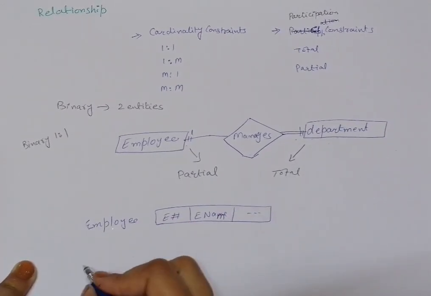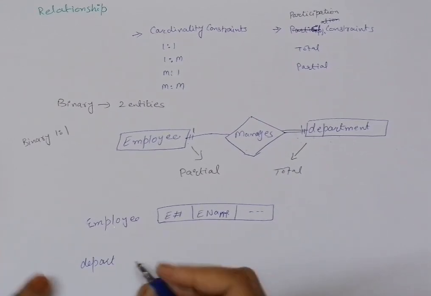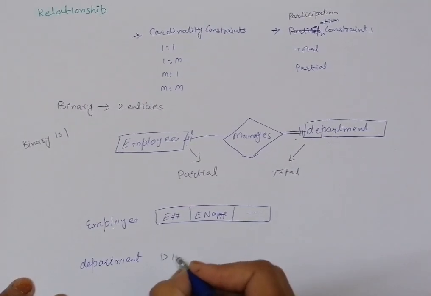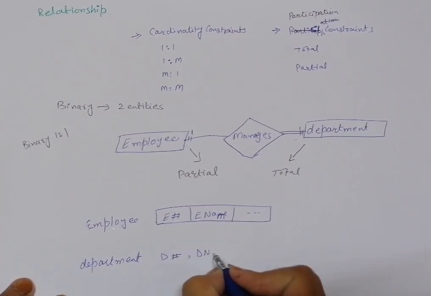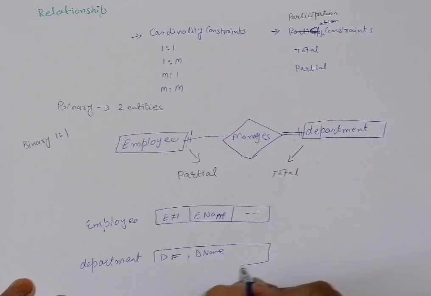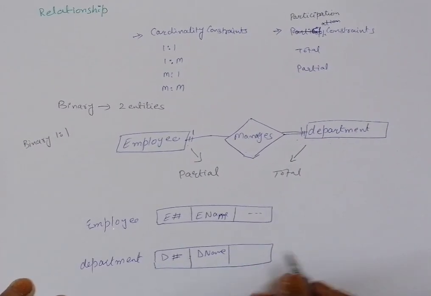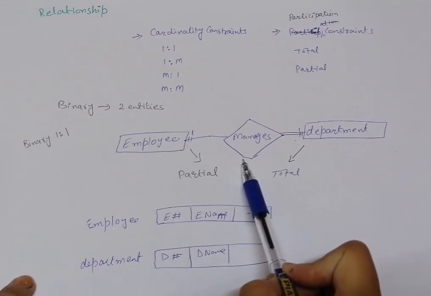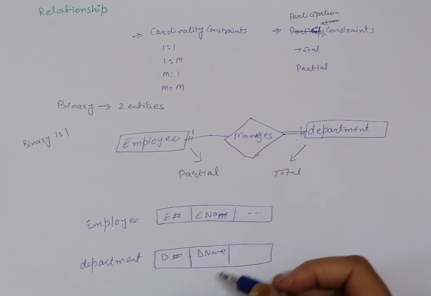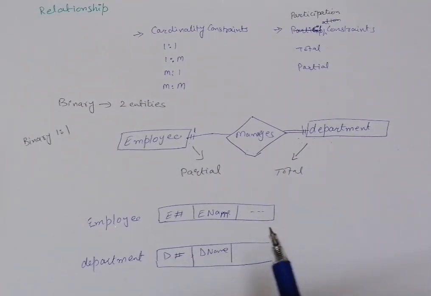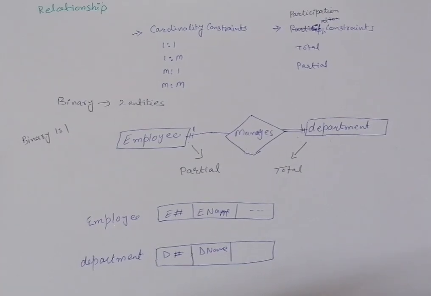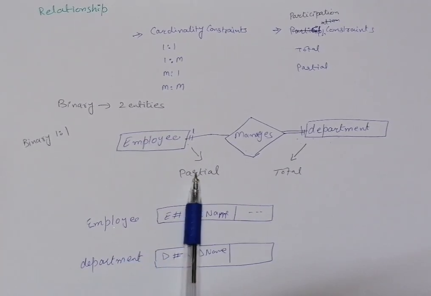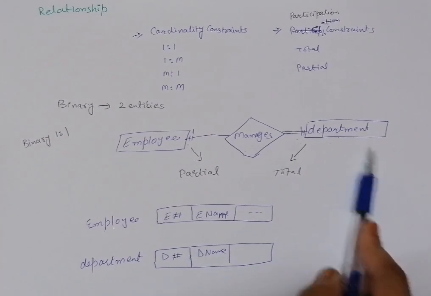And let's say I have another table, department, and let's say it also has department id, maybe department name and so on. So once we have converted the ERD into this type of model, in order to model this relationship, we take the key of the entity having the partial participation as a foreign key in the entity having the total participation.